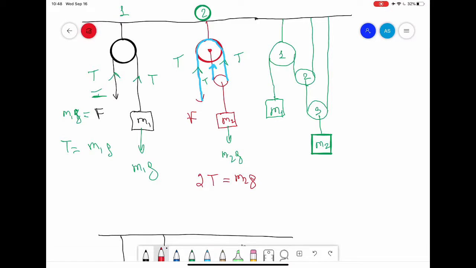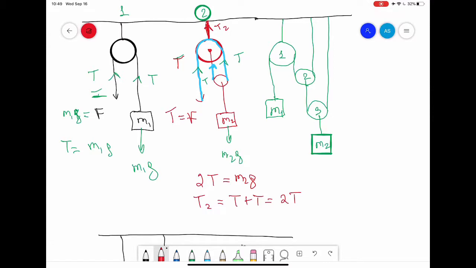Now, what about this tension, which is a fixed one? This tension I call T2, okay? What about that one? Tension 2 is actually equal to this tension plus that tension, or you can say it's equal to 2 tension, okay? What about this force? Now this force is equal to the tension, which is that one, call it just tension.